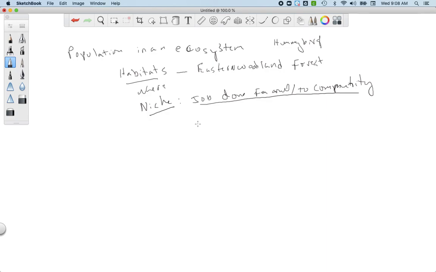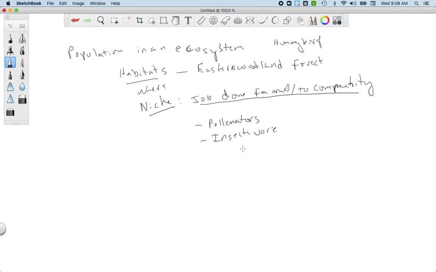So, for example, hummingbirds are important pollinators. They take pollen from one flower and give it to another flower in the process of them getting food. It turns out, much to my surprise, that hummingbirds don't just eat pollen, they also eat some insects. So a hummingbird, which turns out to be an omnivore, is also an insectivore.